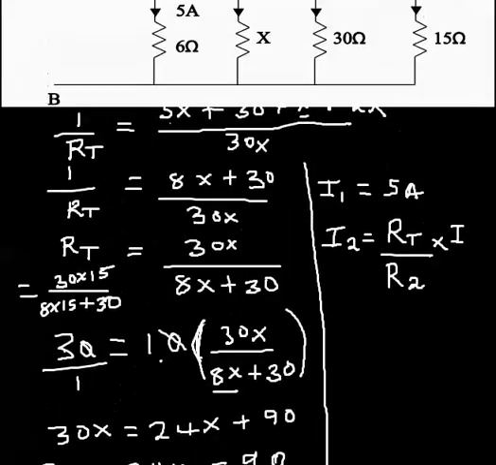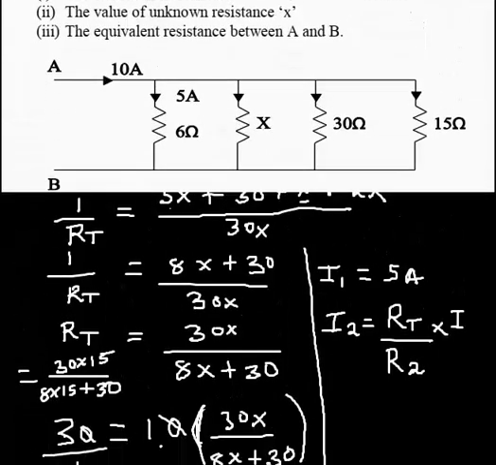So what I'm supposed to have now for I2 passing through R2 is going to be equal to the total resistance. Remember, what we had for total resistance was 3 ohm, please pardon me.